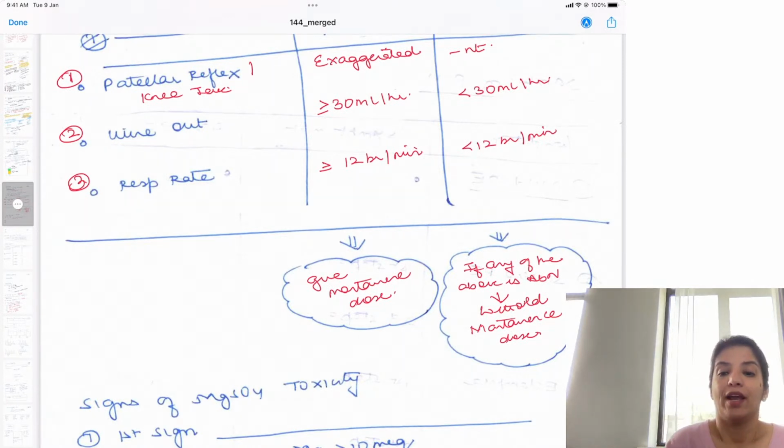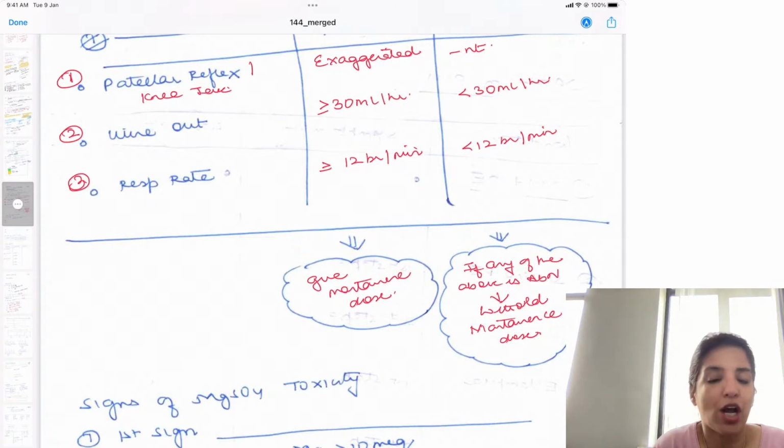Now, let me give you an example of how to give magnesium sulfate so that you understand what withholding means. Suppose it is 12 o'clock in the afternoon. You are in your labor room and a patient of eclampsia comes, and immediately after checking the mother's heart rate I have given the loading dose. Right?